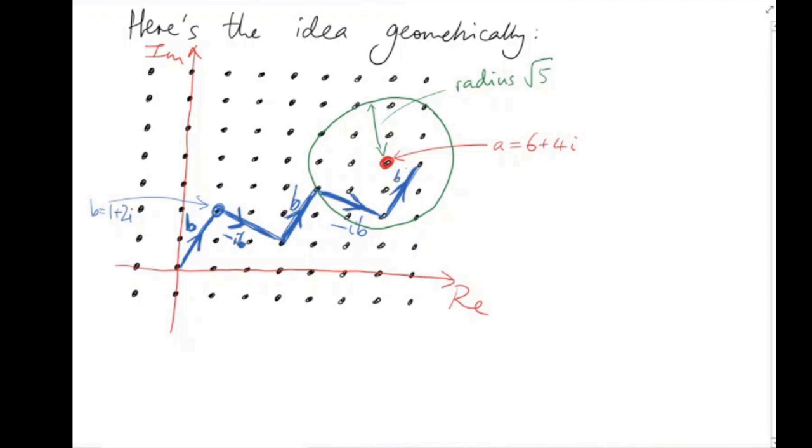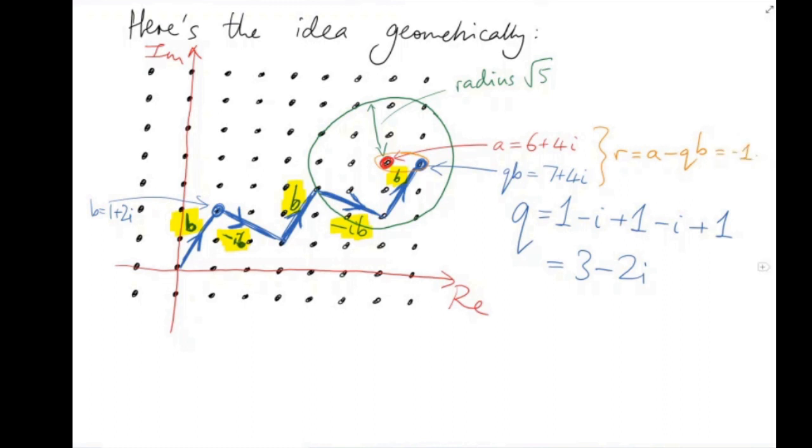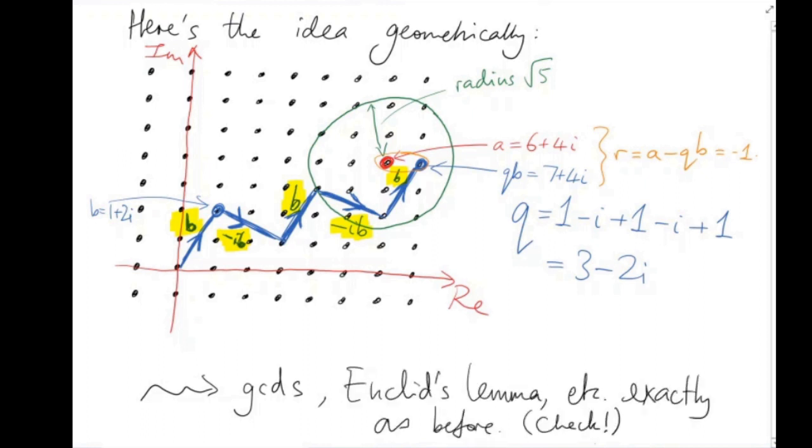Now we've landed in the circle. So the quotient q is 1 minus i plus 1 minus i plus 1, which is 3 minus 2i. And the remainder, this distance here, is a minus qb, which is minus 1. That has norm 1, which is less than 5. Exactly as before, this algorithm can be used to calculate greatest common divisors, it will give us Euclid's lemma, and so on.